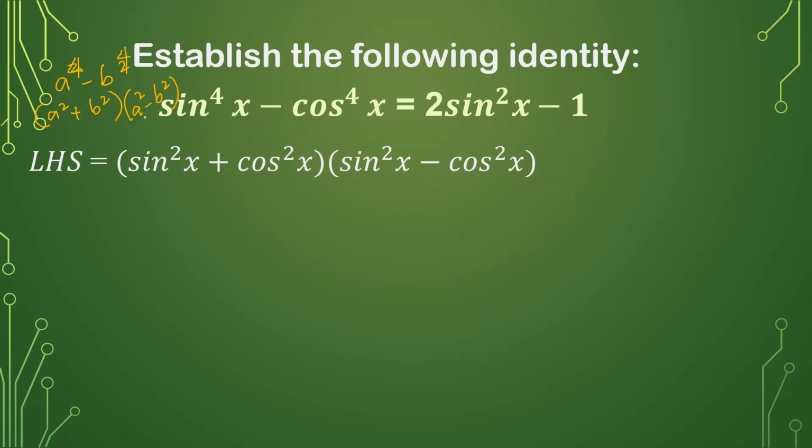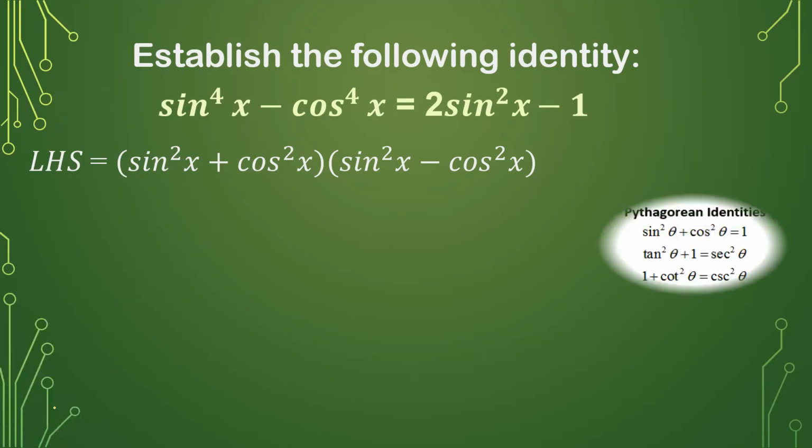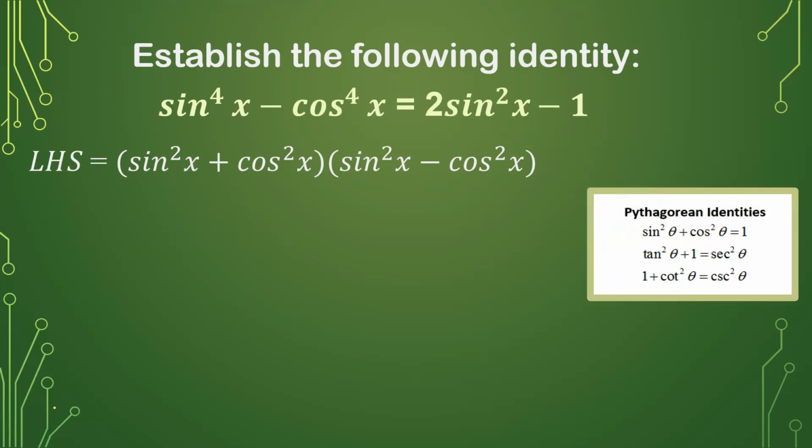Let's erase that. Just so we can note it. Now for our next step, what will we use here? This, right? Sine squared plus cosine squared equals 1. So the first factor is just equal to 1. So what's left for us is sine squared minus cosine squared.